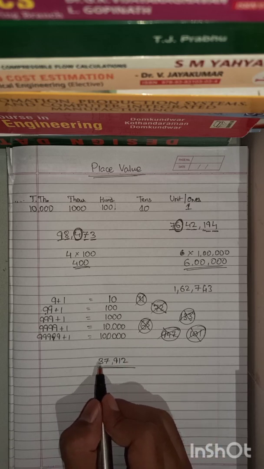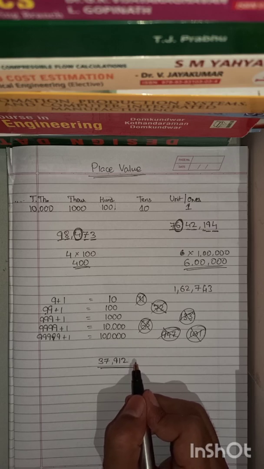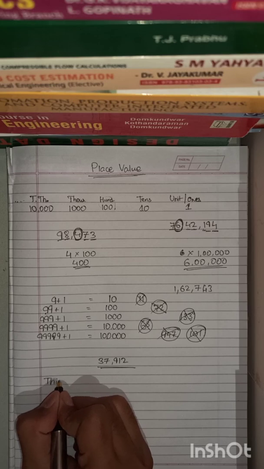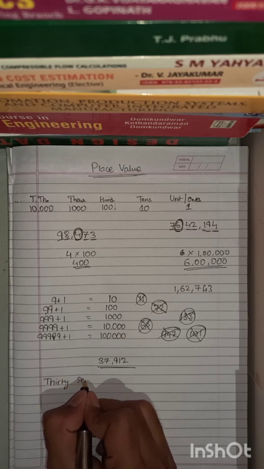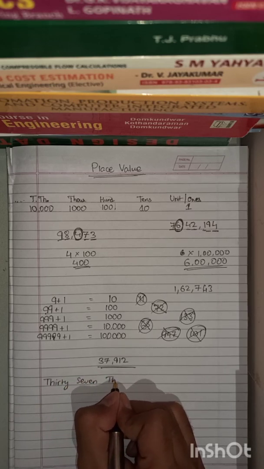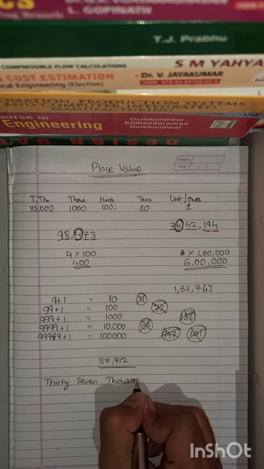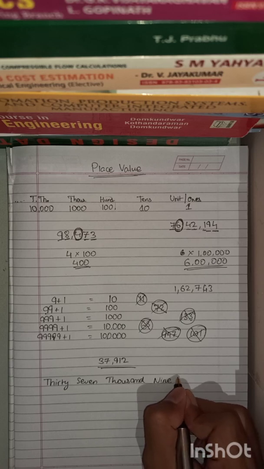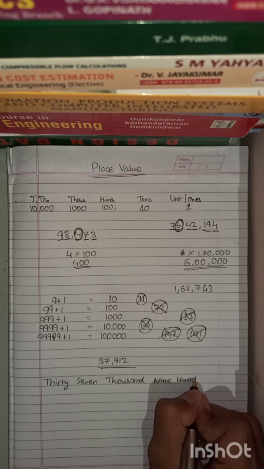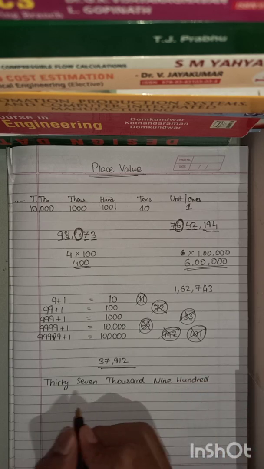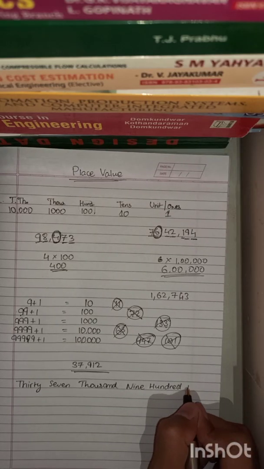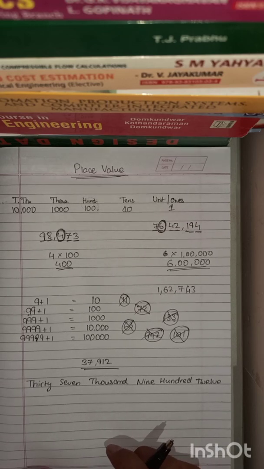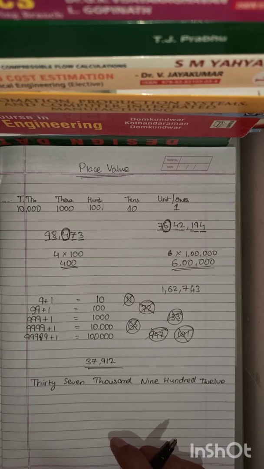So if 37,912 is to be pronounced, then I'll write it as 37,912. I'm sure you know what I'm talking about here.